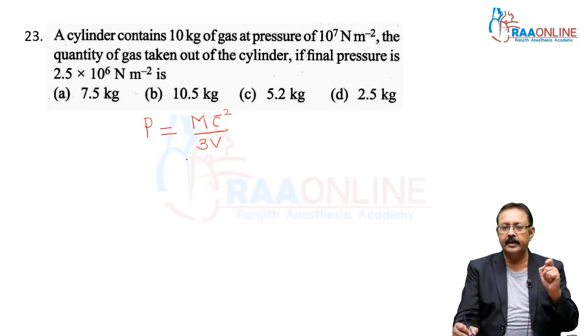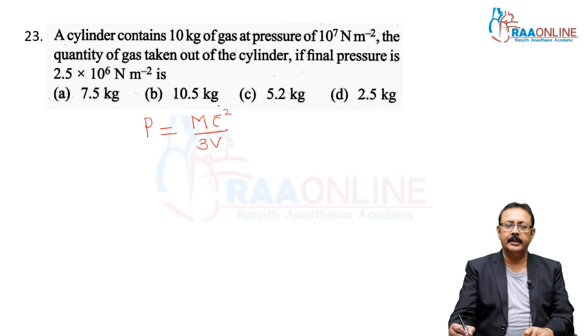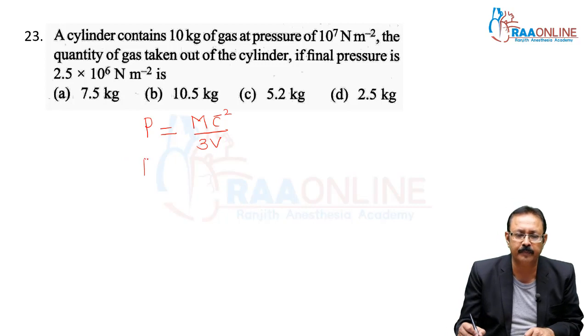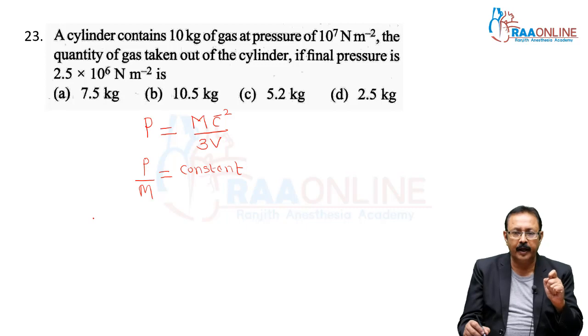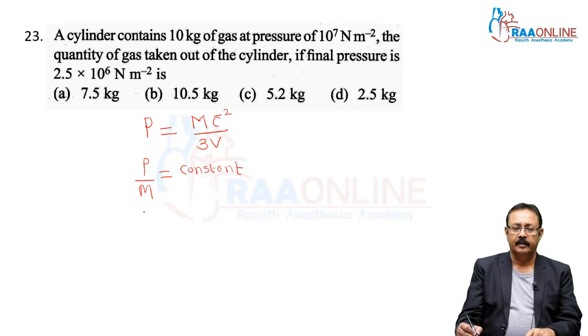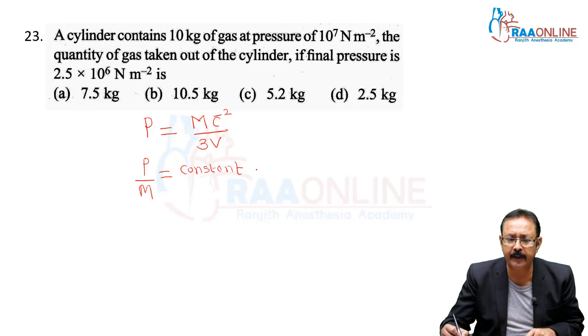If the container is the same, the volume of gas is constant, and the temperature is the same, so c bar is not going to change. It means for this problem, P upon M should be constant. Getting my point? If the initial pressure was P1, the initial mass was M1.